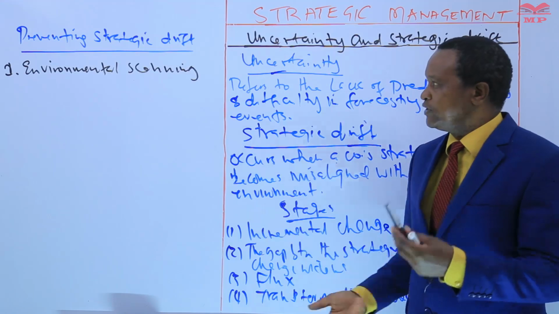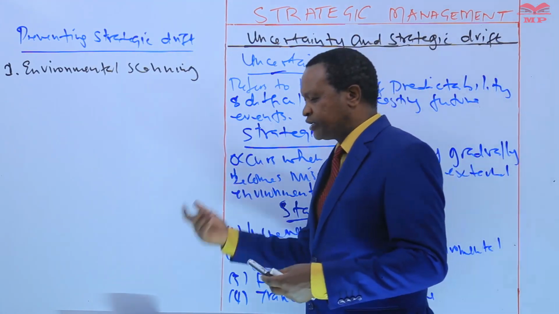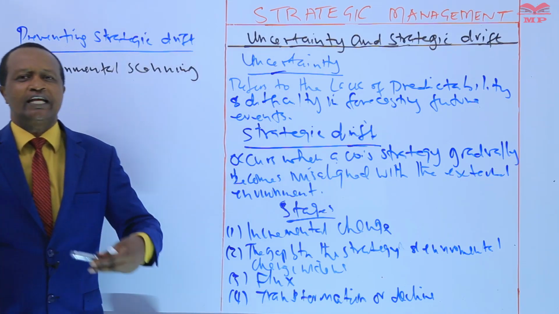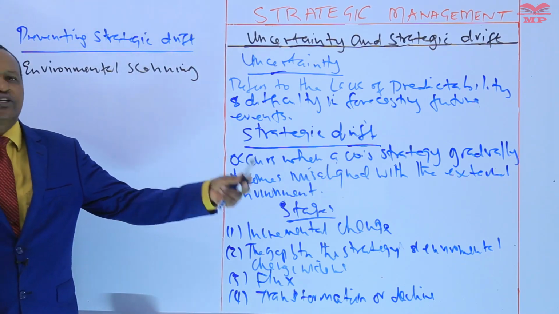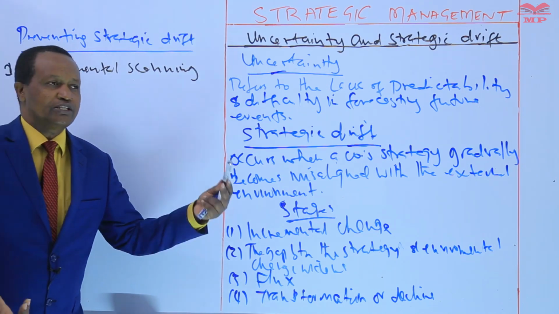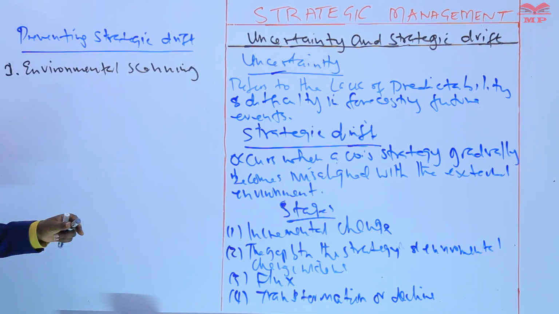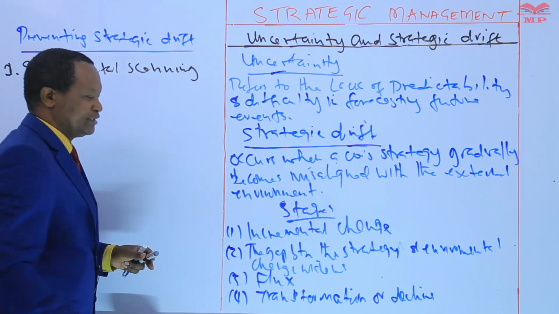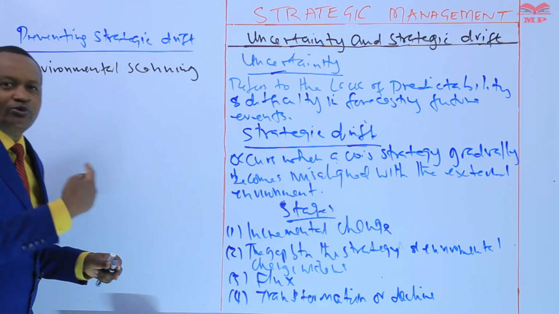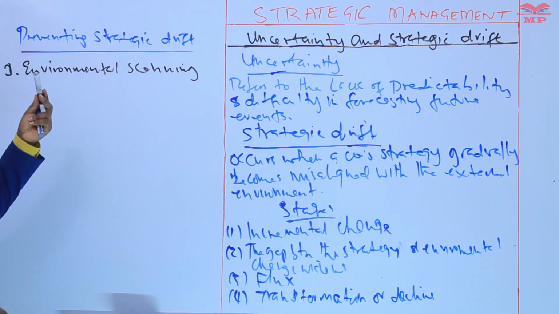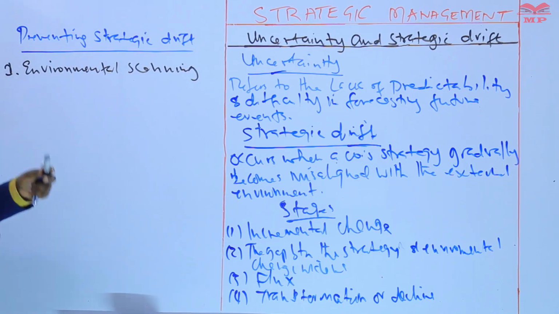So one way to prevent all that is to continuously scan the environment, monitor the environment, so that you can know what are the emerging trends, what are the threats, and what are the opportunities continuously. Because change is continuously happening. If change is happening continuously, then the scanning has to be continuous. So one way to prevent strategic drift is to continuously scan the environment.